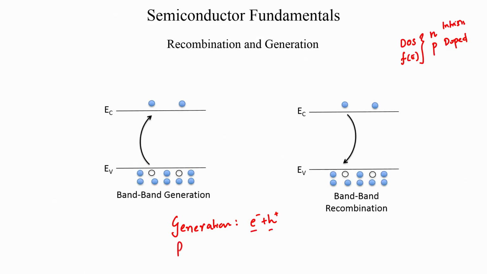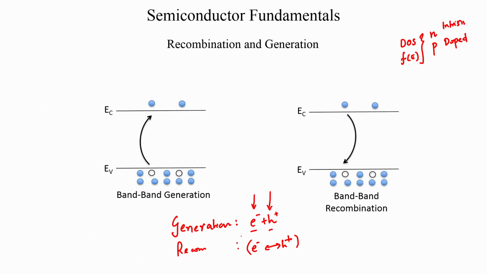And recombination is the process by which electron hole pairs are annihilated. The electron and the hole meet each other and recombine, the electron essentially occupies the vacancy, and there is no longer a free electron and a hole. As we mentioned before, we are interested in the electrons in the conduction band and the holes in the valence band.